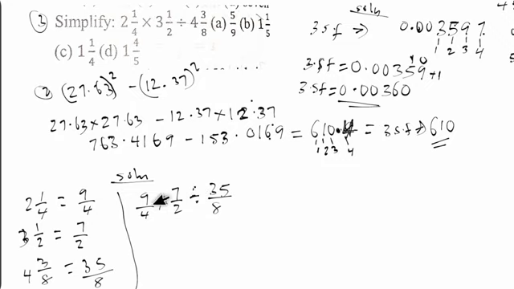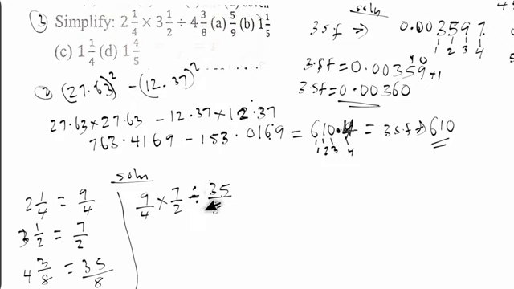You can first of all solve the multiplication, or you can do it like this. This one has division, so this division can change to multiplication also. When you change division to multiplication, the second fraction becomes the inverse of itself. What I mean by inverse is that this 8 goes up while this 35 comes down.